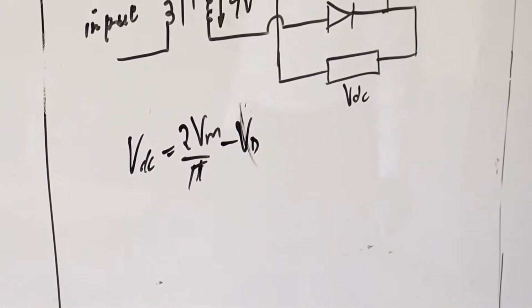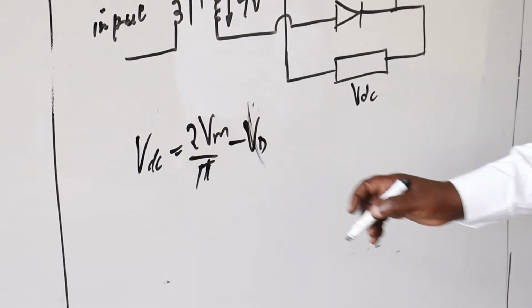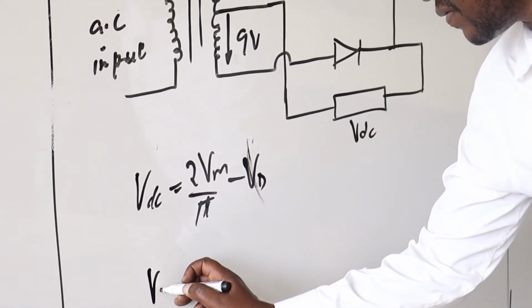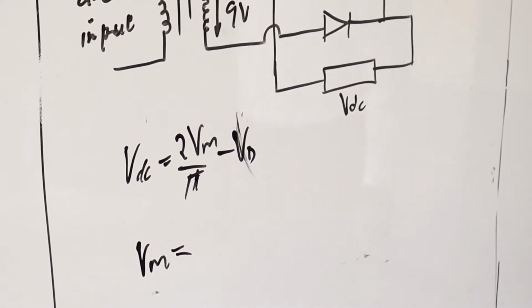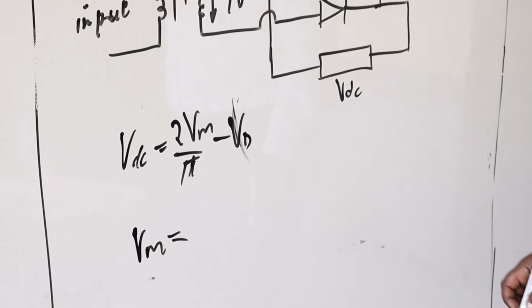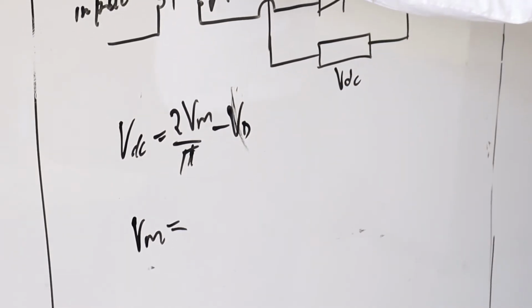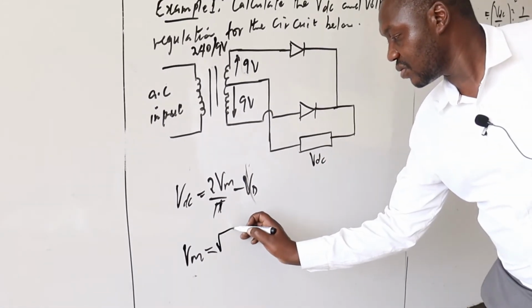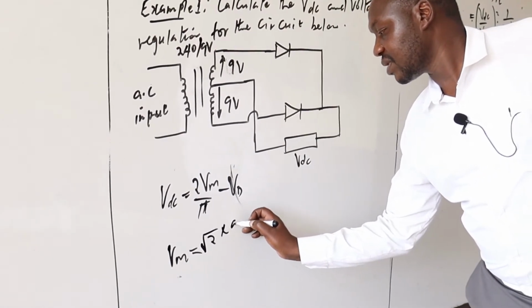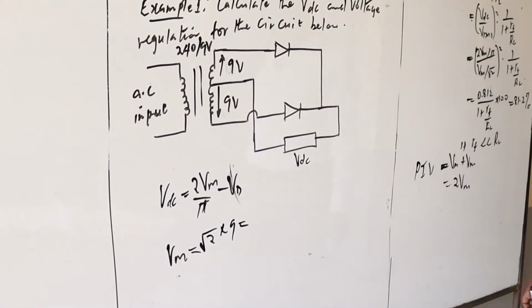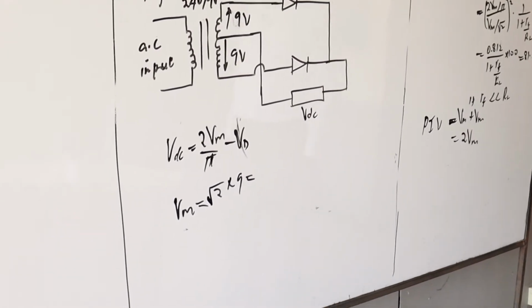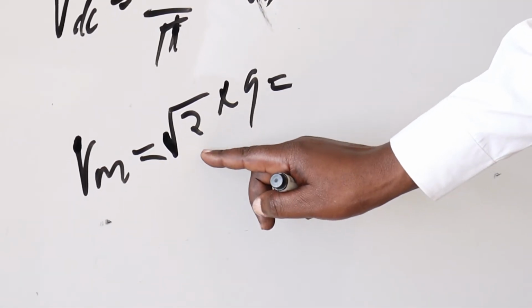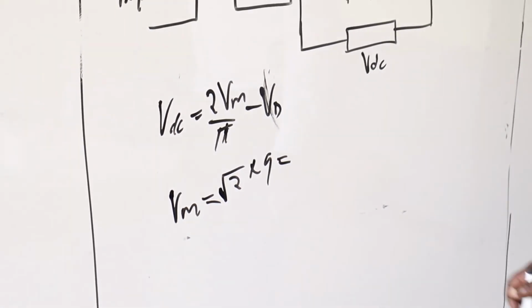But Vm we can get, because Vm is given by root 2 times our RMS voltage, which is the secondary. So root 2 times 9. Then we can substitute for this Vm here to get the VDC.